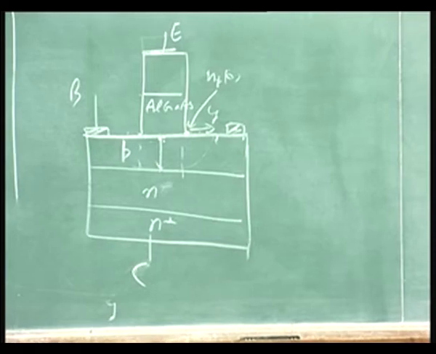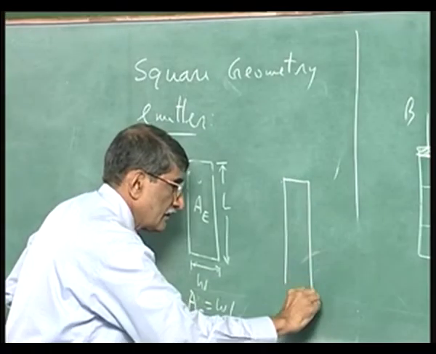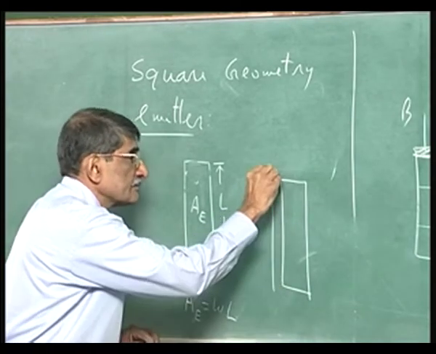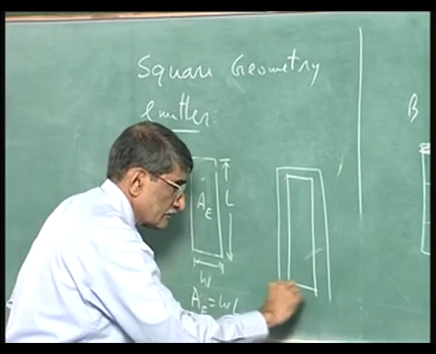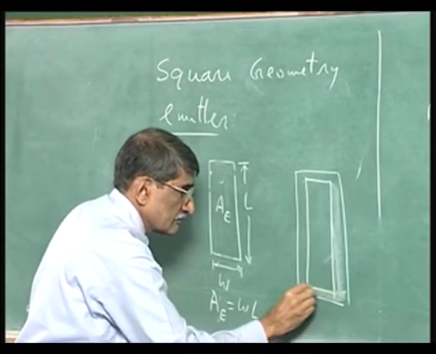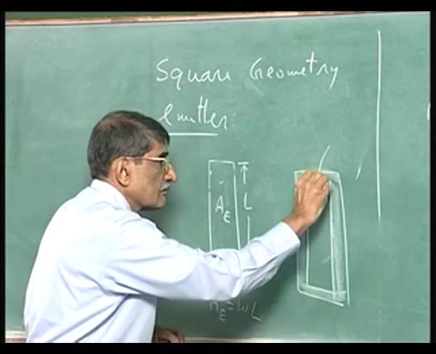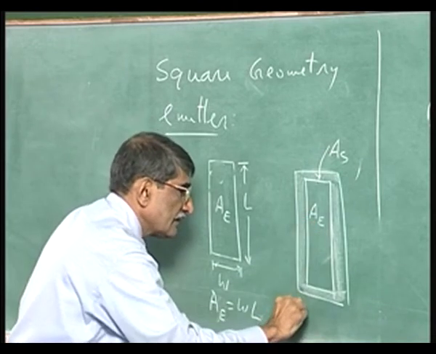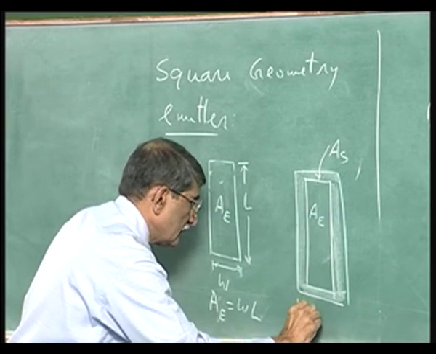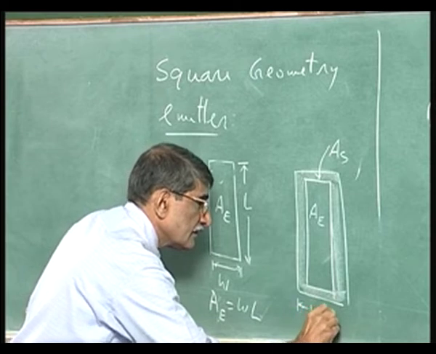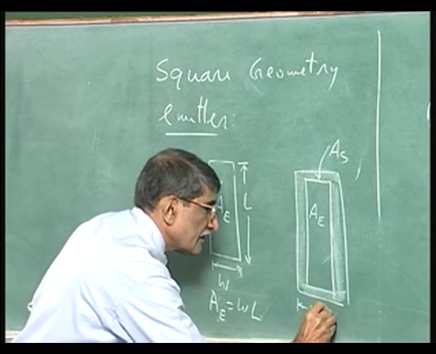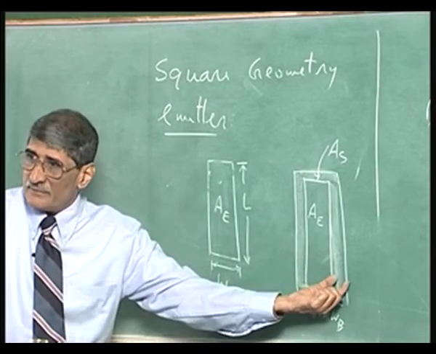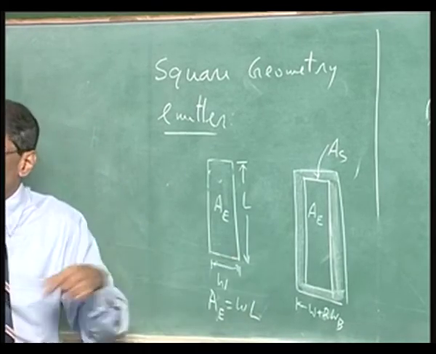So, you have that is W, that is L, take this width, that is A of S, this is AE, and this quantity is W plus 2 WB. W is the width of this emitter, WB is the base width.